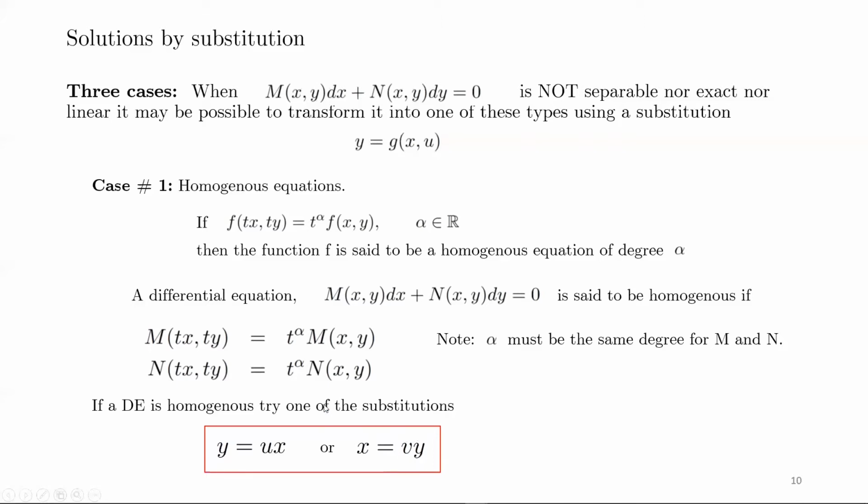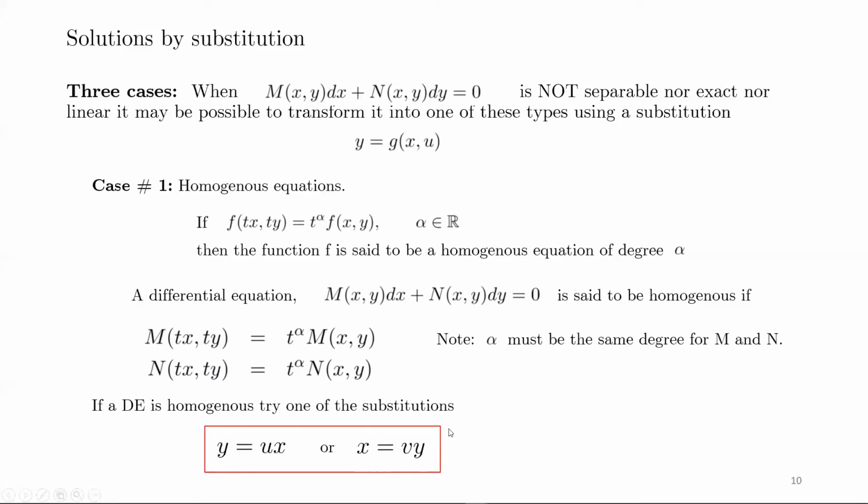So case 1, if we have an ODE that is not separable, not exact, and not linear, but it is homogeneous, so we run this test, evaluating the functions M and N at tx and ty, and it turns out that it is homogeneous, then we're going to use one of these two substitutions.